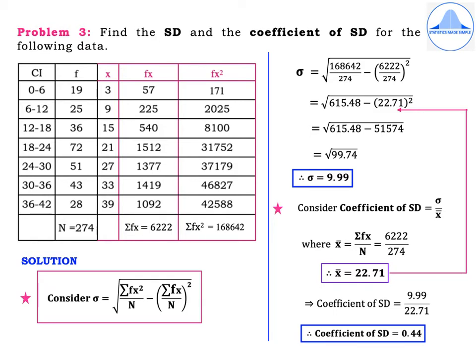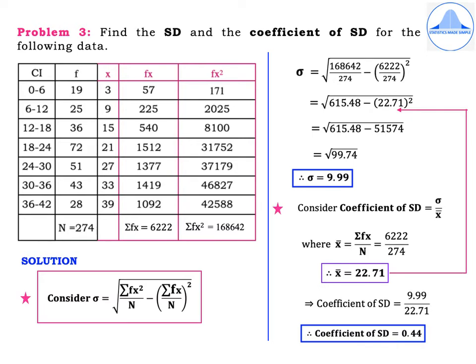Next, let us find out the coefficient of standard deviation, which is sigma divided by x bar, where x bar is equal to summation fx by capital N, which is 6222 divided by 274, which is nothing but 22.71. So there is no need to actually calculate x bar again.